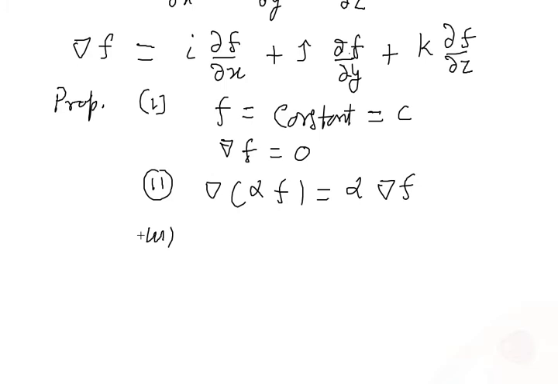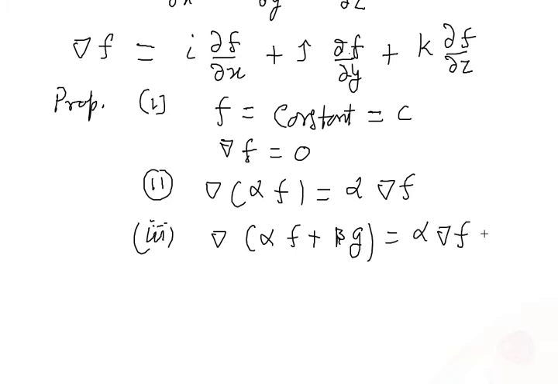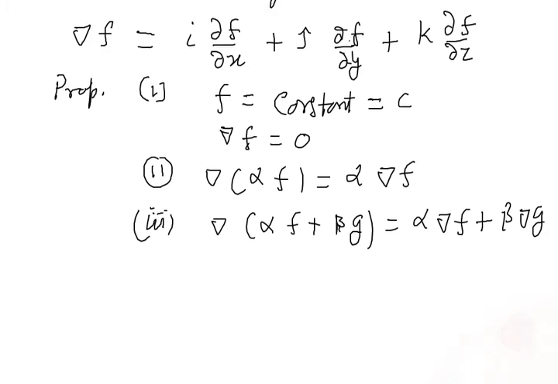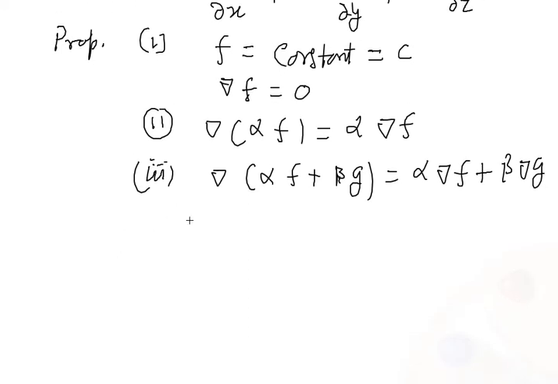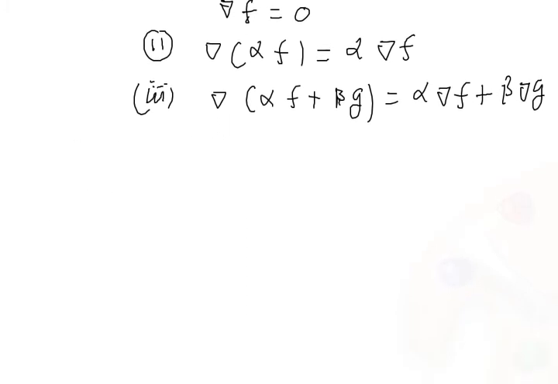And thirdly, the additive property, or you can combine the additive and scalar properties: del of alpha f plus beta g equals alpha times del f plus beta times del g. So this is the pure linear property for this operator. By using these, we can have the product rule as well, but let's discuss it in the example.